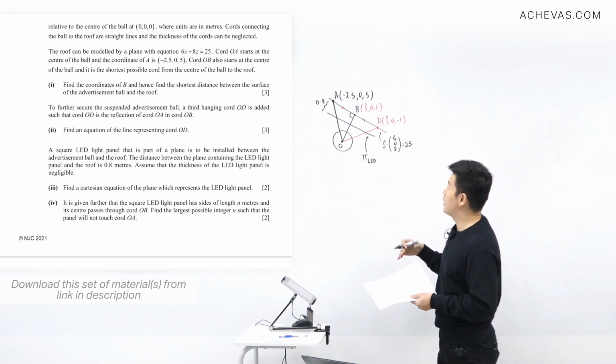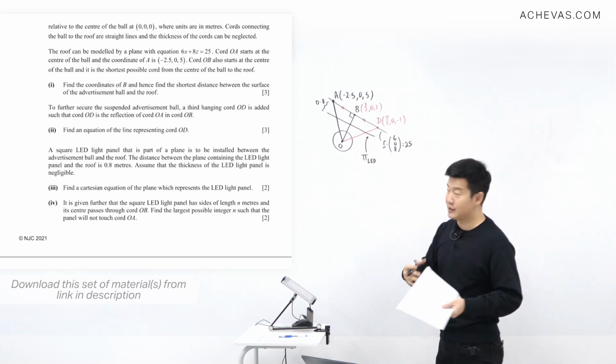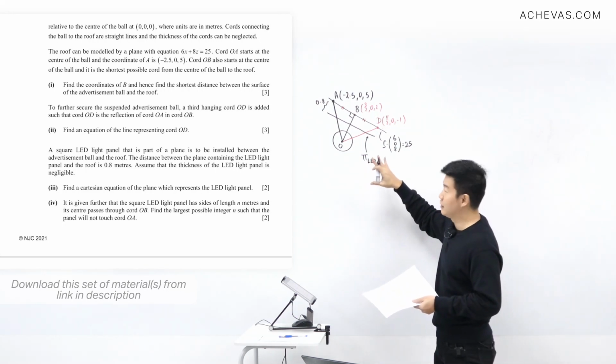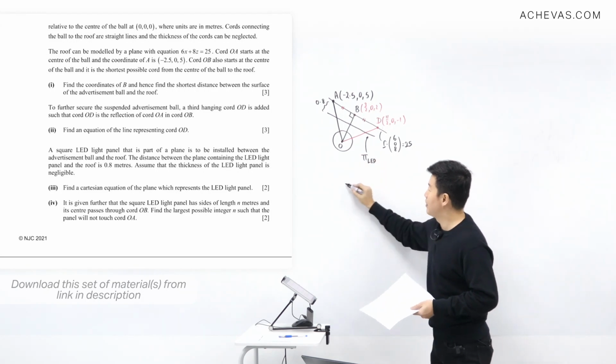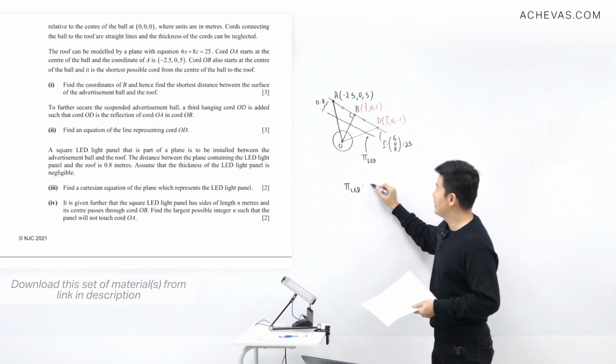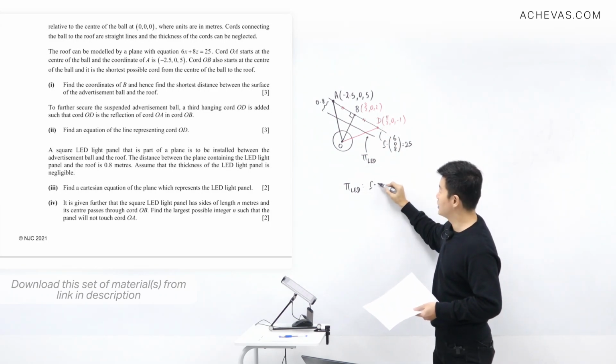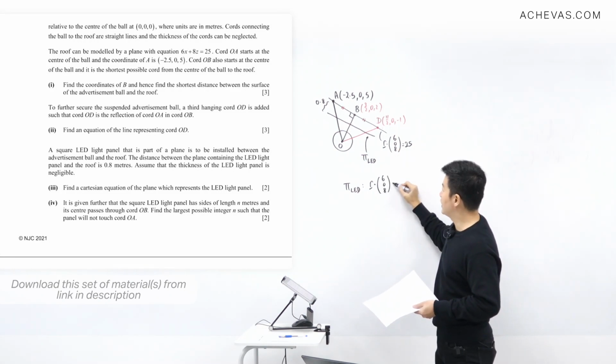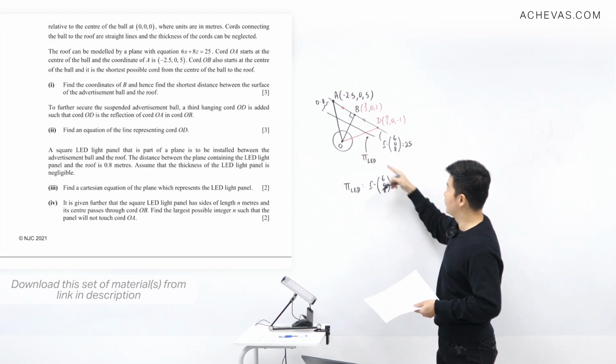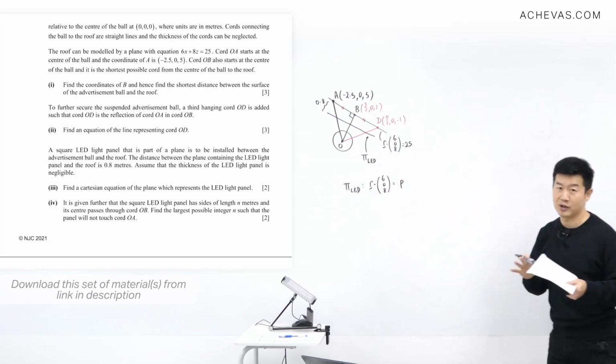In order for me to make use of that equation, I will need the format of this pi LED. It is parallel to this roof, which means that they can share the same normal vector, (6,0,8). But what I'm missing is this portion for this pi LED. I'm going to just simply call it P for now.